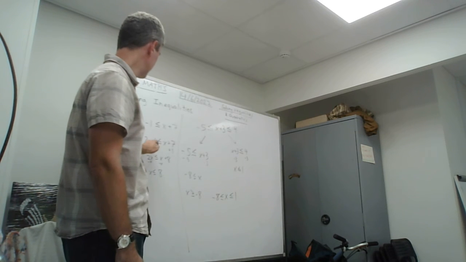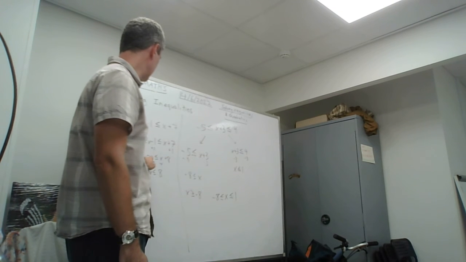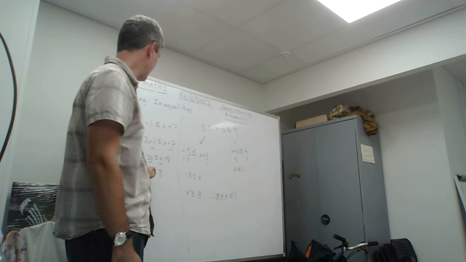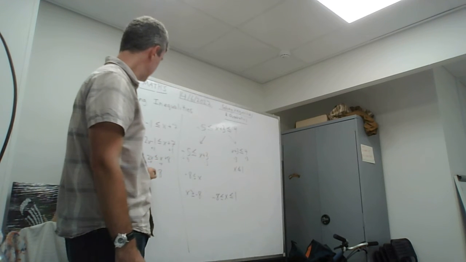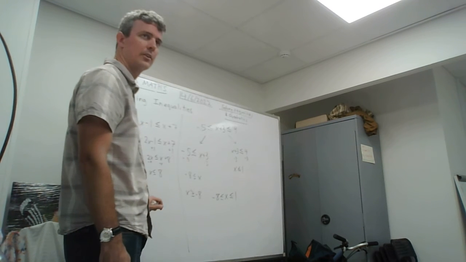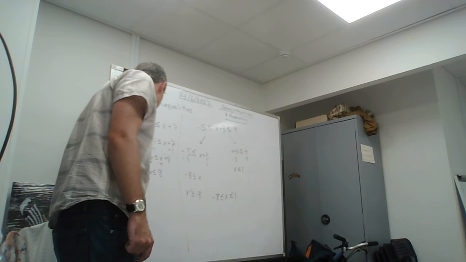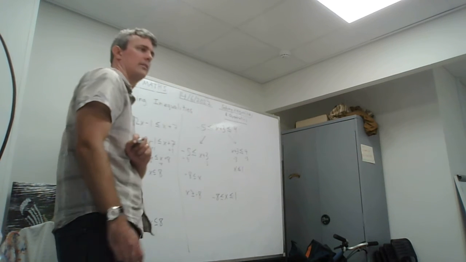First I added 1 to get rid of this. Now I need to get the x over here. So subtract x. The symbol stays the same, I'm not multiplying. So x is less than or equal to 8. So x is greater than 3 and less than or equal to 8. The answer is 3 less than x less than or equal to 8.